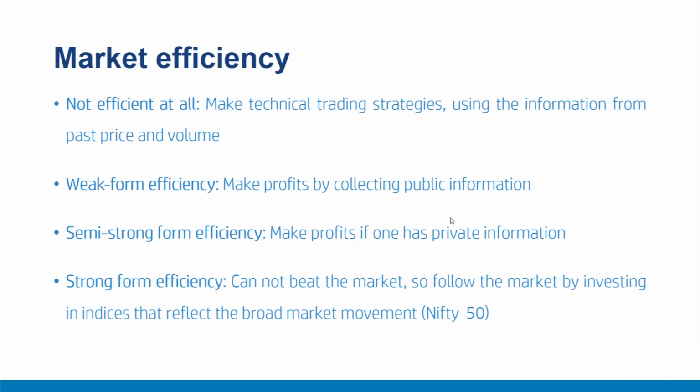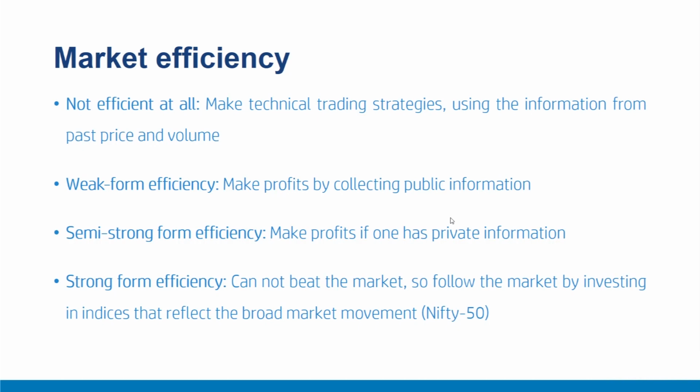Markets have three kinds of efficiency: weak form efficiency, semi-strong form efficiency, and strong form efficiency. When one cannot make profits using all the historical price and other trading data, the markets are said to be weak form efficient. In semi-strong form efficiency, we add another layer and say that not only historical price and volume data, but also if one cannot make profit using public information, then the market is semi-strong form efficient.